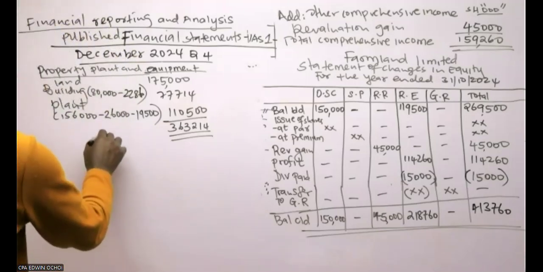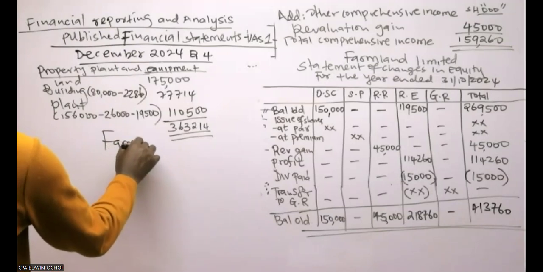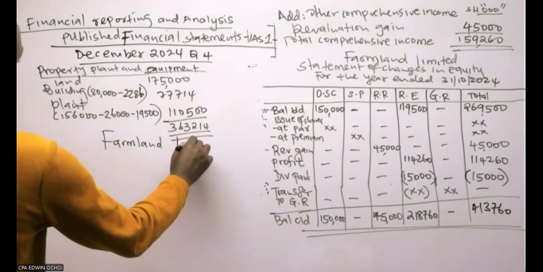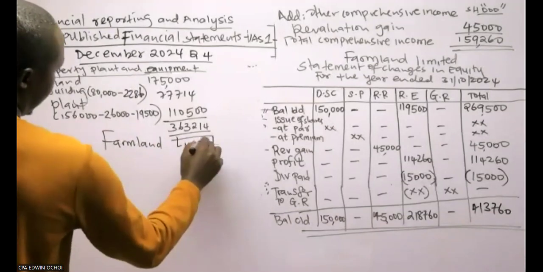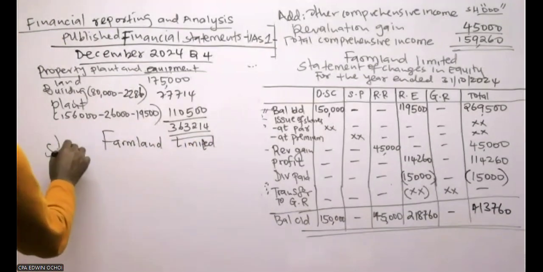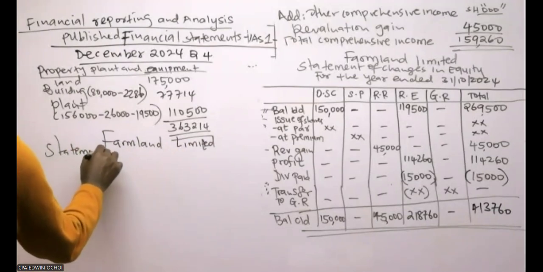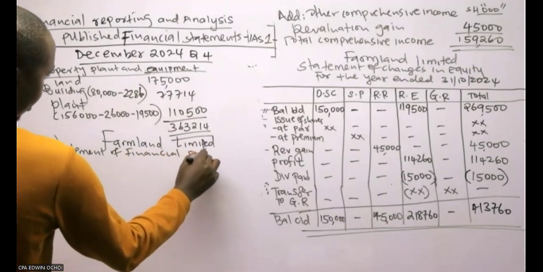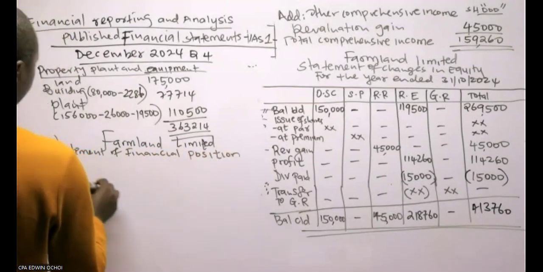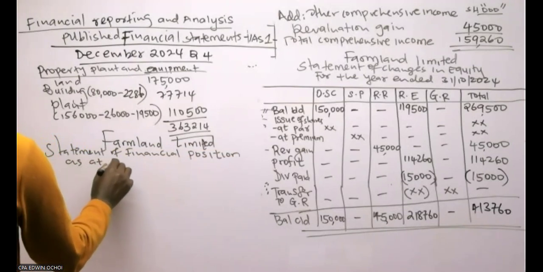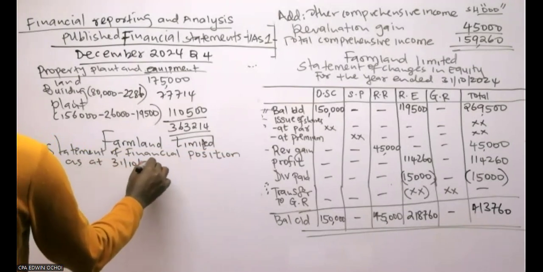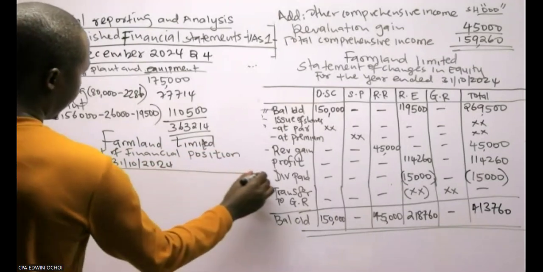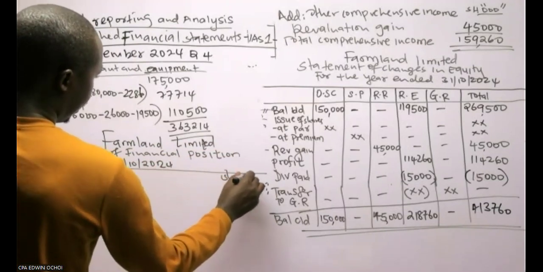So you'll come here and say Farmland Limited, statement of financial position as at 31st October 2024, shillings in thousands.